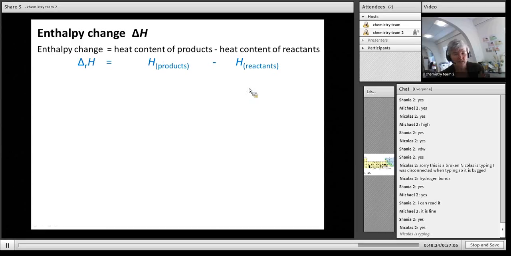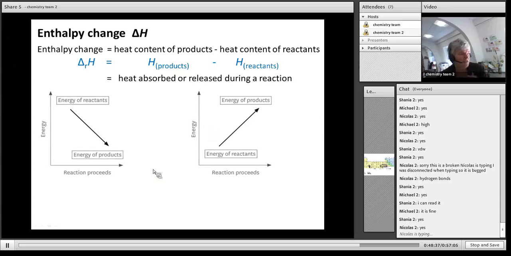And then we say, okay, we had this much energy involved in the reactants, this much in the products. The difference is the energy that's going to be given off or taken up. Does that make sense?